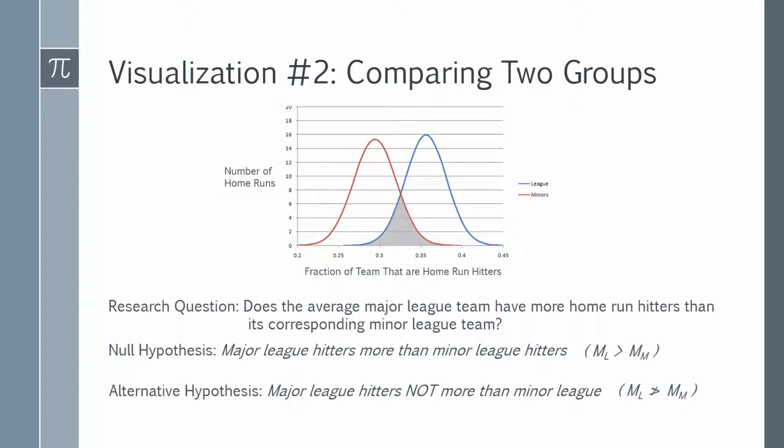So we have average major league hitters greater than the average minor league hitters. Our alternative hypothesis then states major league hitters not more than minor league hitters. So once we look at the data, we can see more than likely we would reject the null hypothesis, just visually looking at these two curves.